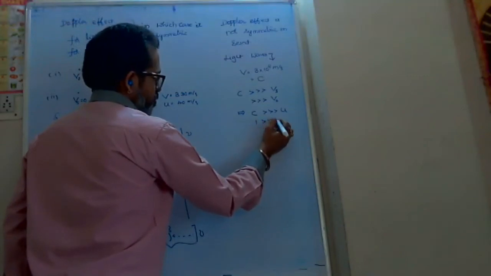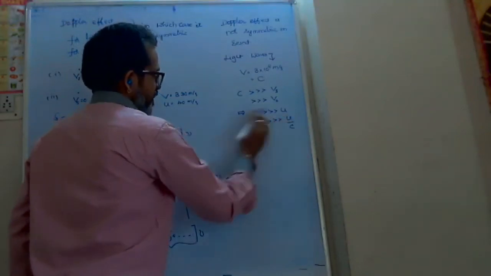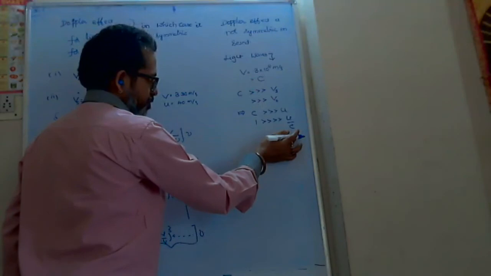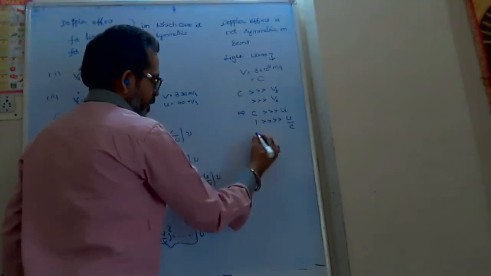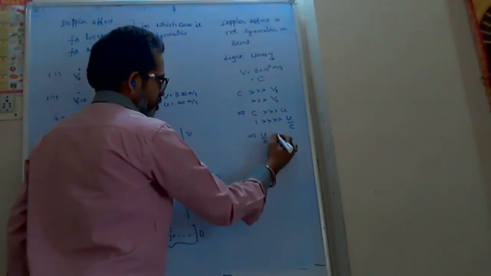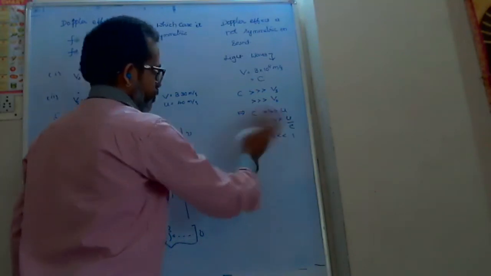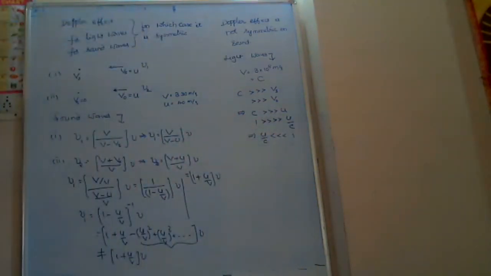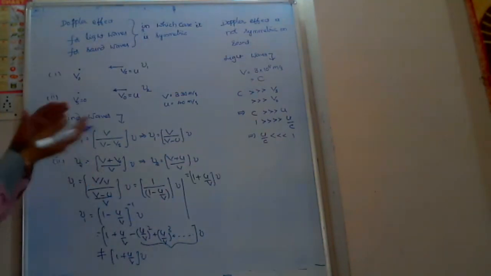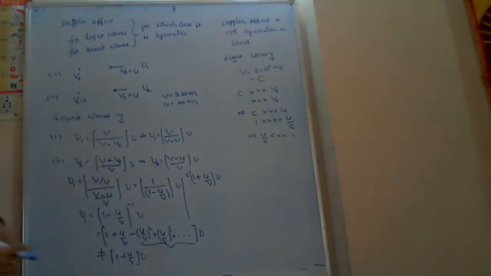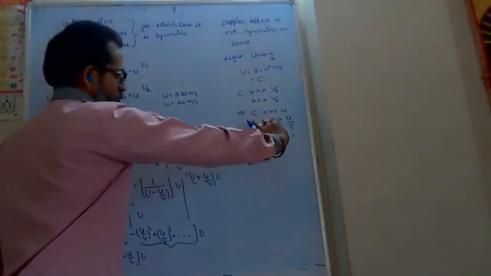Then obviously I can write 1 is much greater than U by C, by taking C to the other side. That implies U by C is much less than 1.